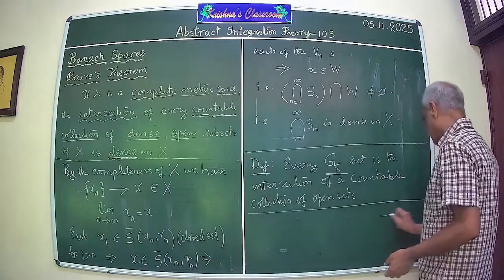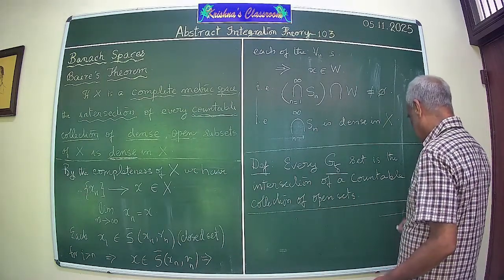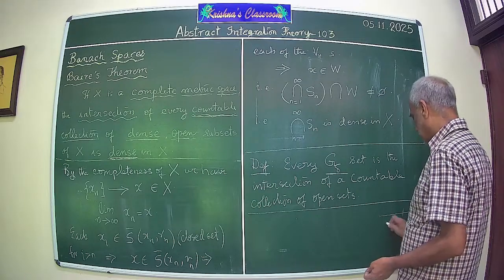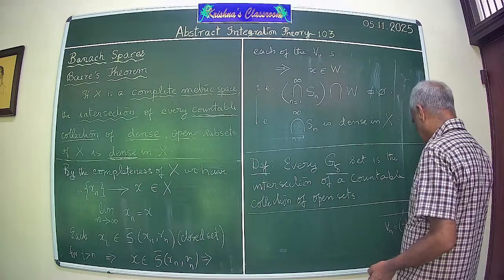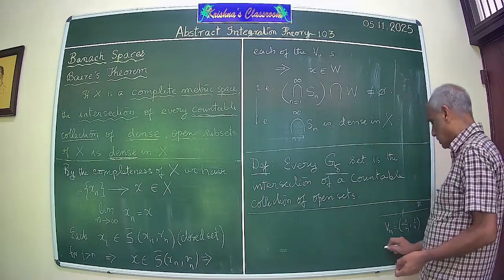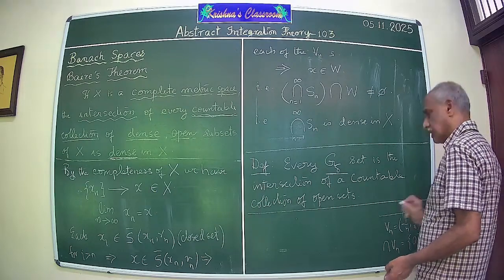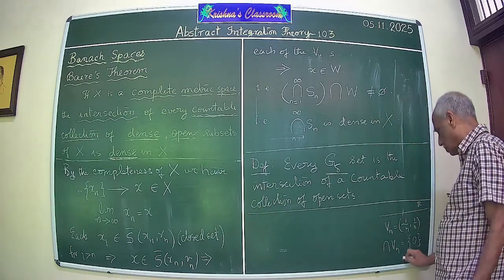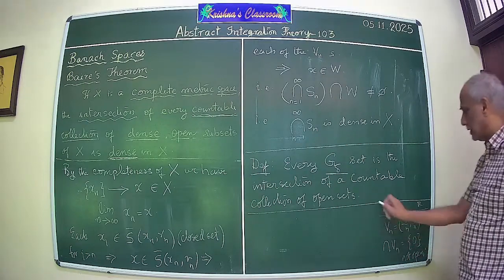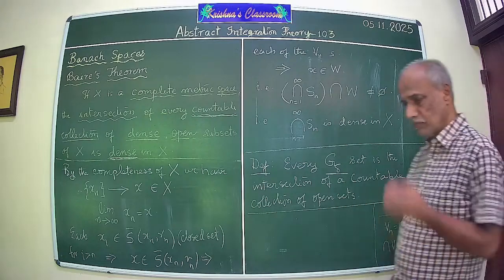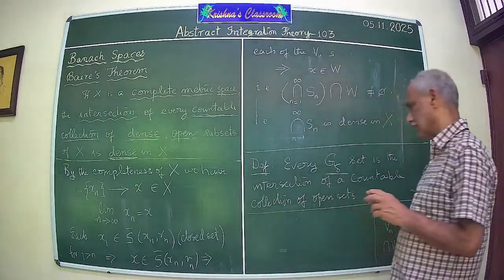You take R, you take the open sets, the interval minus 1 by n to 1 by n, take intersection Vn. This is essentially the singleton set 0. This is not open. So you cannot make that statement, but this is a G delta set. Therefore we give a different name for that. It's called a G delta set.